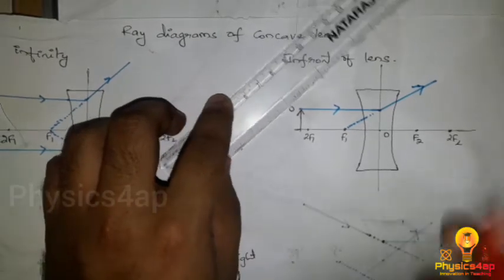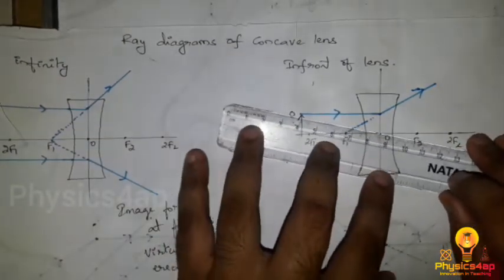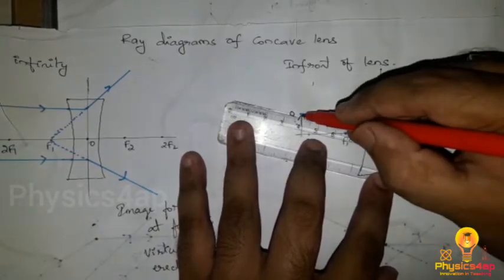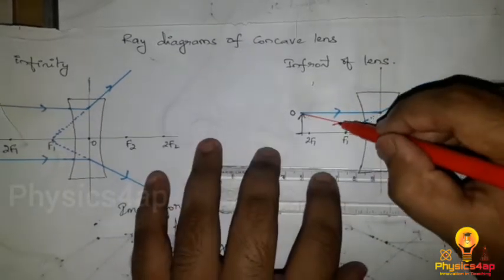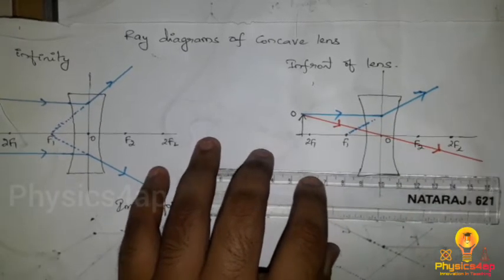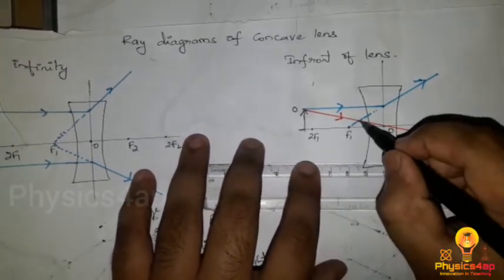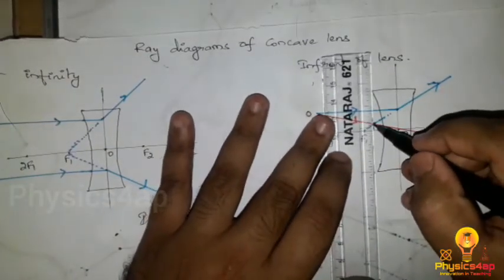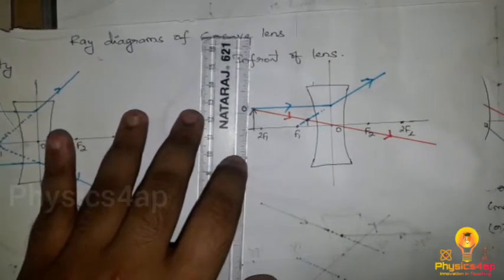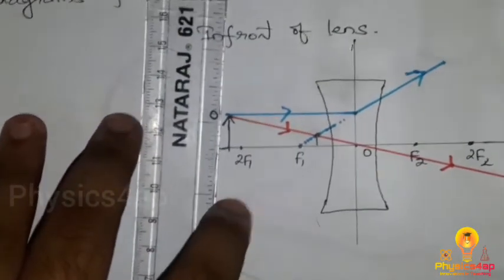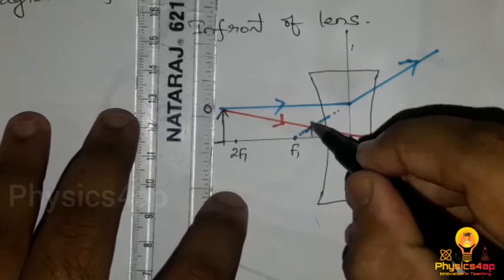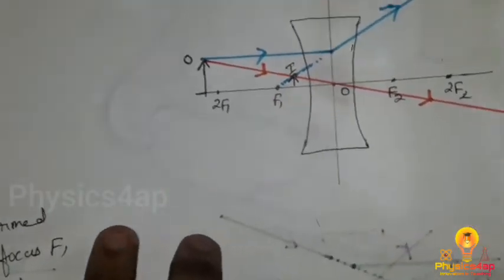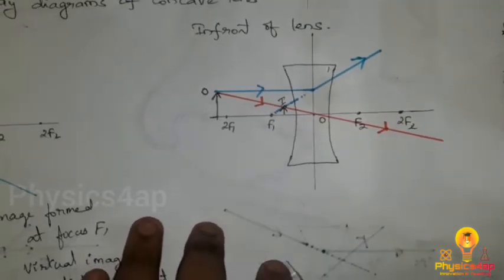And the second ray passes through the optic center. As you can see, there is an intersection point of the two rays, and there we get the image, I, very small. Now what about the nature?